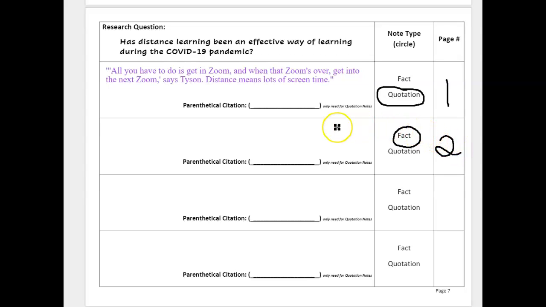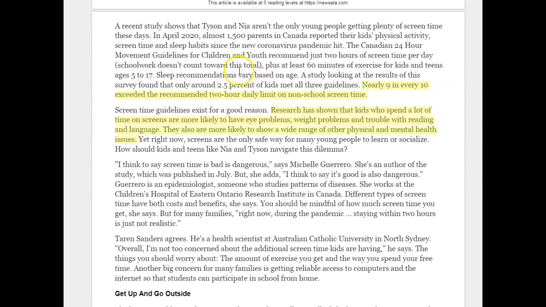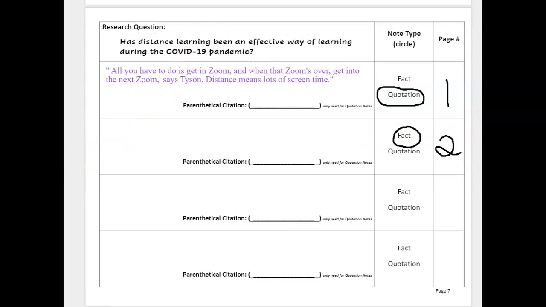And when it comes to facts, facts need to be put into our own words. We need to paraphrase them. We do not copy them word for word the way we did if it had an opinion in it. So I need to find a way to take this same information and put it into my own words.